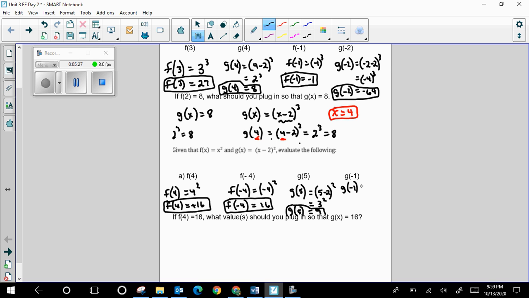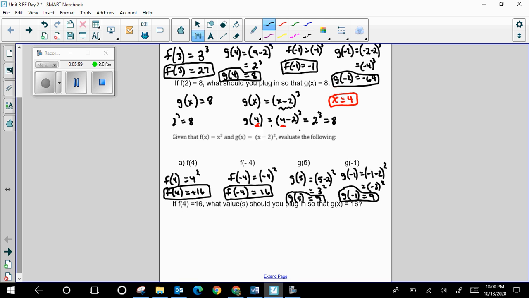G of negative 1 is equal to negative 1 minus 2 squared, which is equal to negative 3 squared, which is also equal to 9. So what you're trying to see there is I can plug in two different values into these functions, both f of x and g of x, and I can still get the same output because I am squaring the numbers.